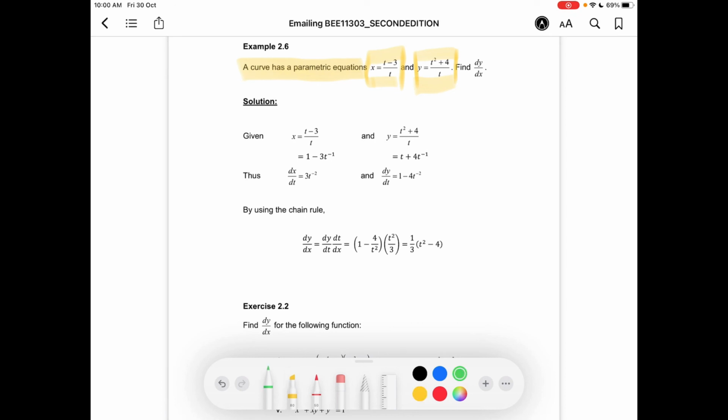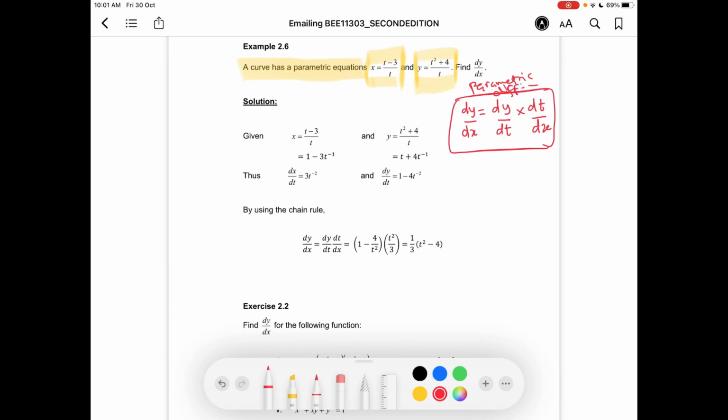You need to find dy over dx. In order to do that, again, you need to find dx over dt. You need to know that the formula for parametric differentiation is dy over dx equals dy over dt times dt over dx.